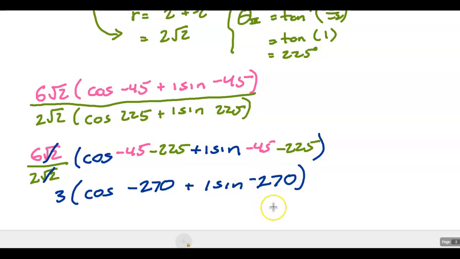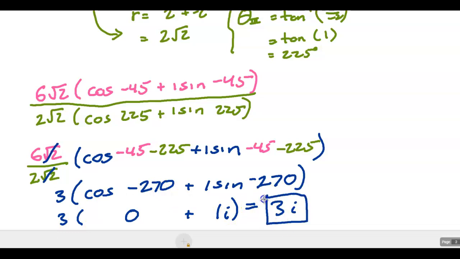Now this is the same as 90, right? So this is just going to be cosine of 90 is 0, and sine is 1. So 3 times here, we get our answer of 3i.